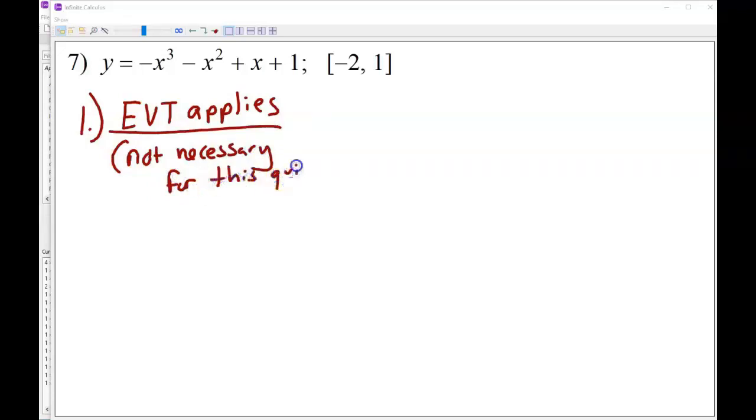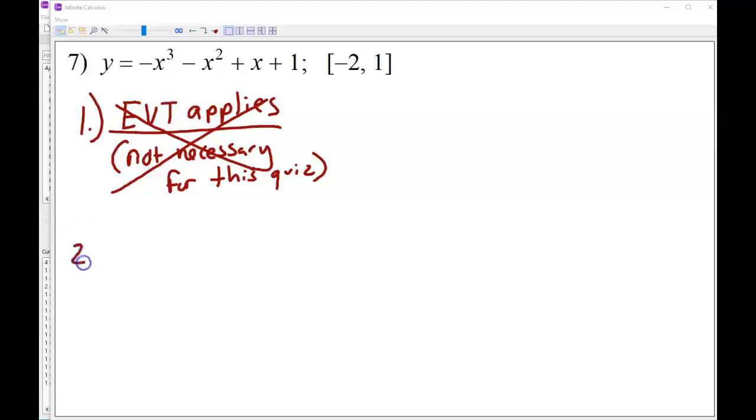So you don't need to show any work for proving to me that the EVT applies. I'm not counting that worth any points. Why not? Well, that's what questions 1 through 6 were all about, you showing me that you know how to determine whether or not the EVT applies to a given function. Okay, so we're not going to worry about the first step. I promise you that for the functions on your test, the EVT will necessarily apply. So we're going to skip step 1.